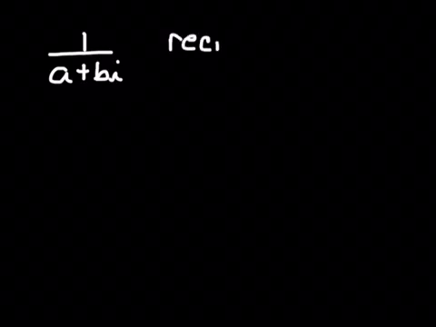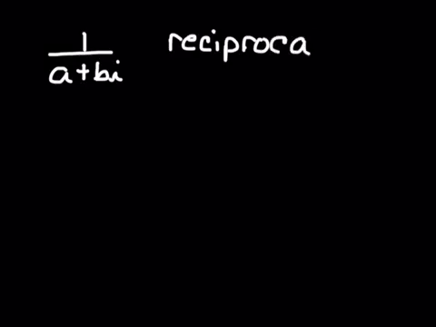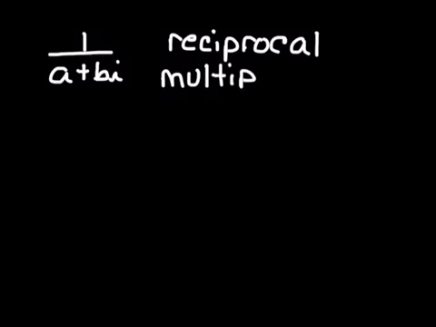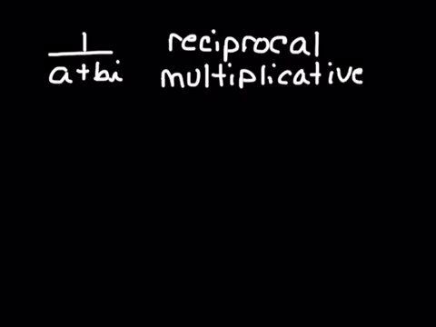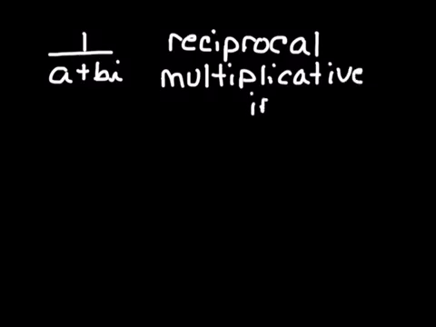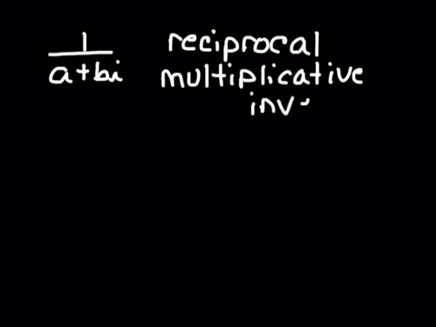Reciprocal and multiplicative inverse are the same thing. So in a couple of your problems, you're going to be asked to find the multiplicative inverse. That just means take your complex number and put it in the denominator with a 1 as the numerator.